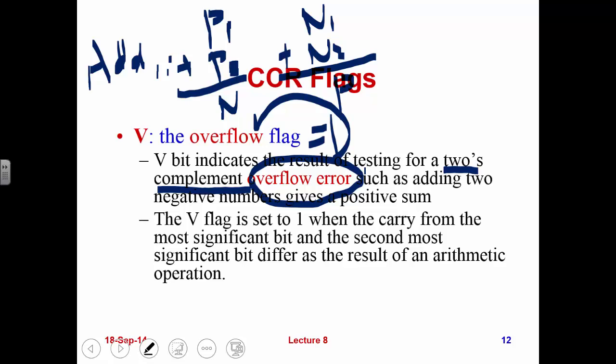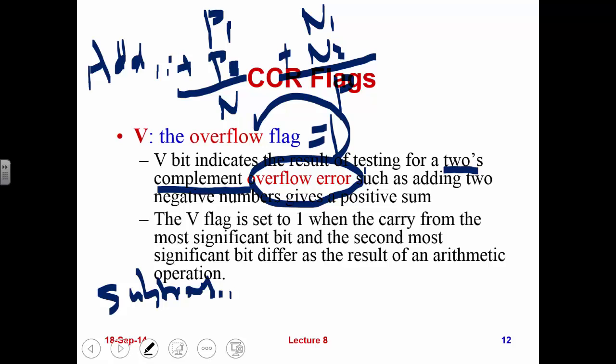That may also make overflow V flag to 1. This is about addition. Subtraction may also cause overflow bit to 1. Subtraction is very reasonable. Assume now you subtract a positive number from a negative number.